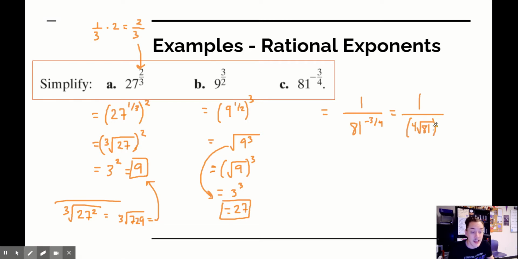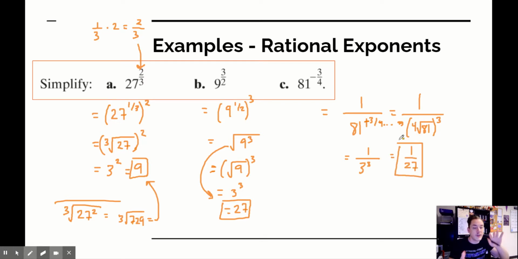Remember, the denominator is the index. And then I'm going to take that cubed. What's the fourth root of 81? The fourth root of 81 is just 3. So this is 3, and then cube that. Of course, it's 1 all over 27.